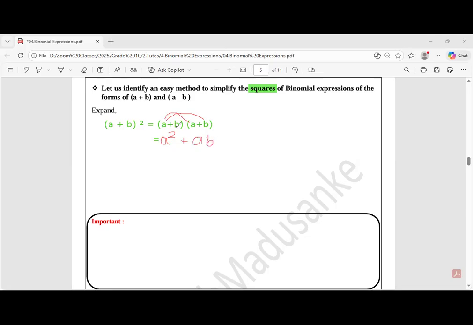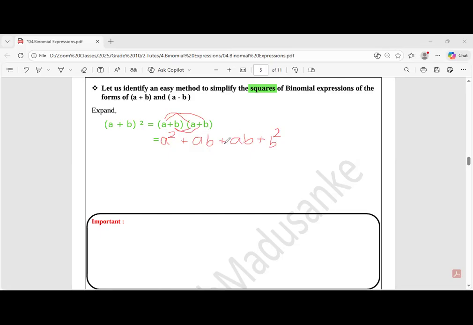Then positive into positive, this one will give you BA, but it should definitely be AB according to the alphabetical order. Then positive into positive, B into B, B squared. So, what can you say about AB and AB?